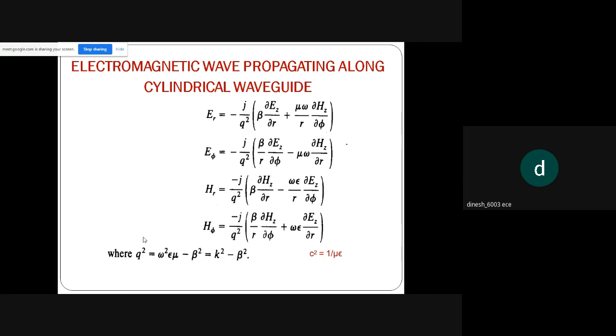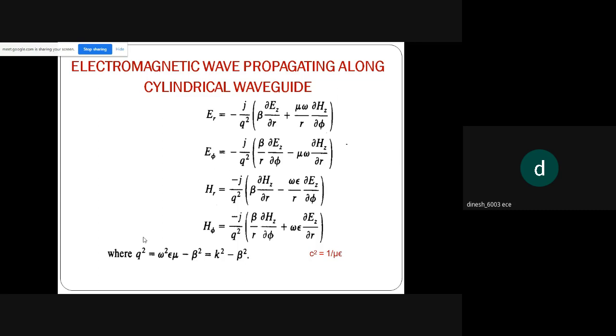So Er is equal to minus j divided by q square, beta into dou Ez divided by dou r, plus mu omega divided by r dou Hz divided by dou phi. E phi is equal to minus j divided by q square, beta by r dou Ez divided by dou phi minus mu omega dou Hz divided by dou r.